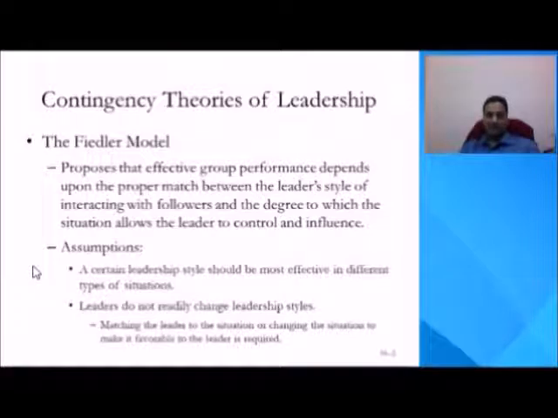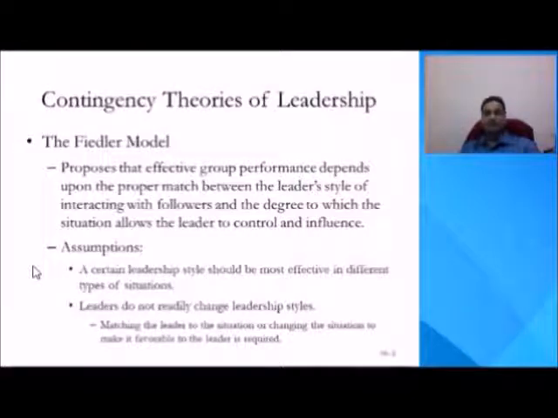Another assumption, which I would say is a disadvantage or a criticism of this model, is that the leadership style is fixed. So if you're a leader who is more task oriented, you will remain a task oriented leader no matter what the situation is or no matter what kind of followers you get.